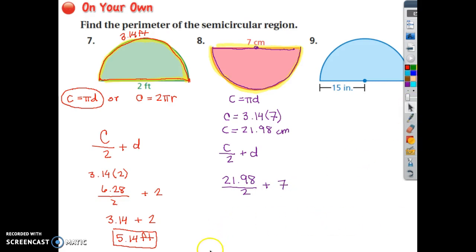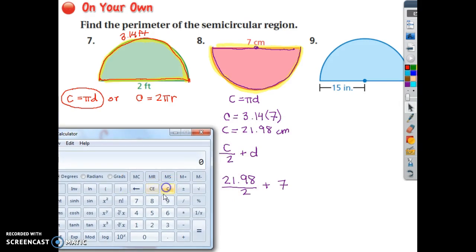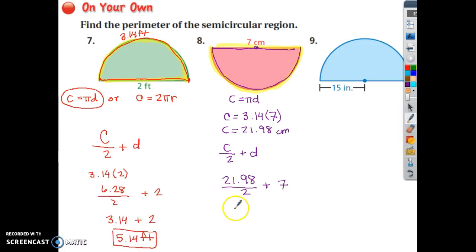Now I can get out a calculator and simply do that math. 21.98 divided by 2 is 10.99, and then we add in the 7. So 10.99 for this first part, plus 7. That 10.99 is the distance around the round part of your semicircular region.